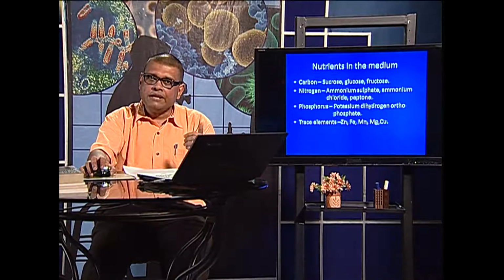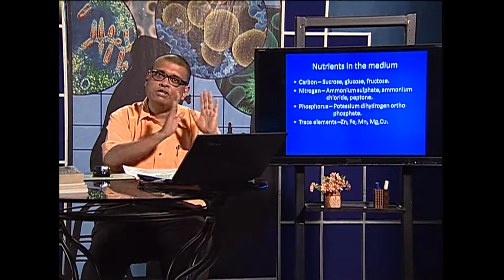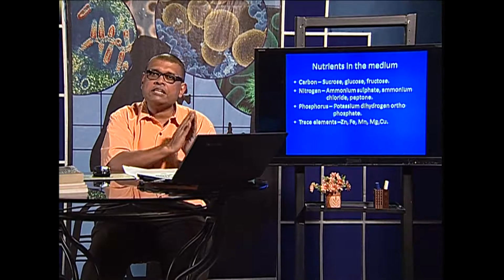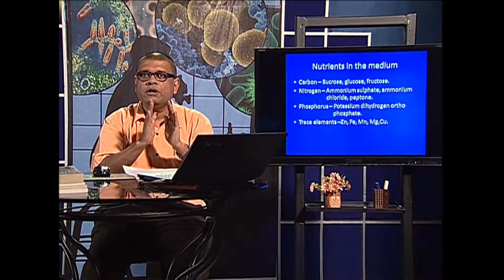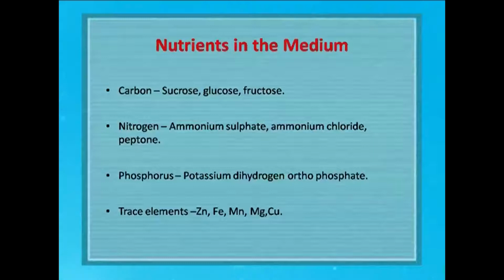And it is very important, as I have considered for general fermentation, that the citric acid medium, or the organism growing in the medium for producing citric acid, should have carbon in the form of sucrose and glucose, nitrogen in the form of different ammonium salts, phosphorus in the form of potassium dihydrogen orthophosphate, and certain trace elements like zinc, iron, manganese, magnesium and copper.